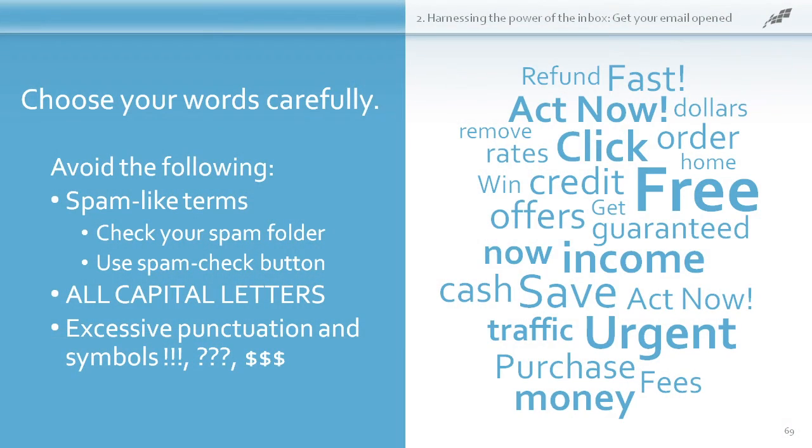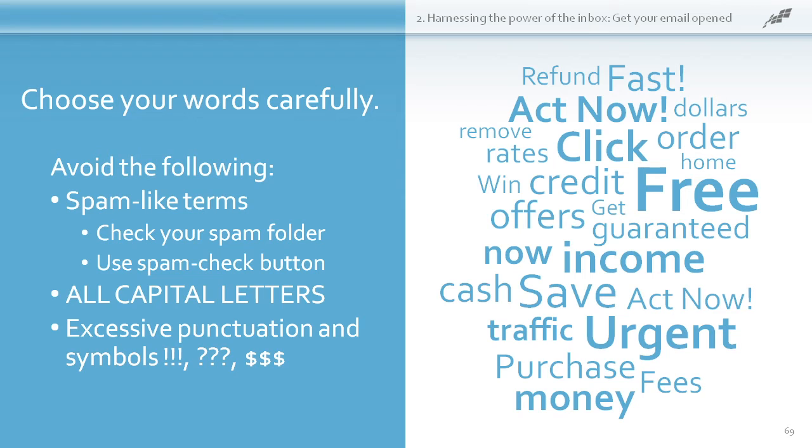So moving on. What about spam? I invariably get a question about, I want to make sure that my emails don't end up in spam. So maybe 8-10 years ago, when email marketing was a little bit in its infancy, if you had any of those words in the subject line, or many of these words in the body of the email, there would be the assumption that that's going to end up in spam.